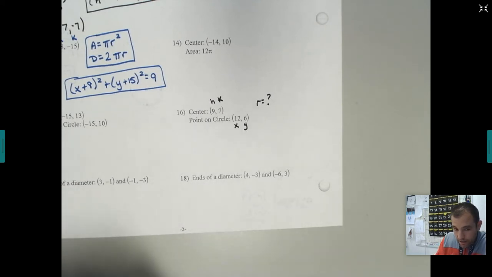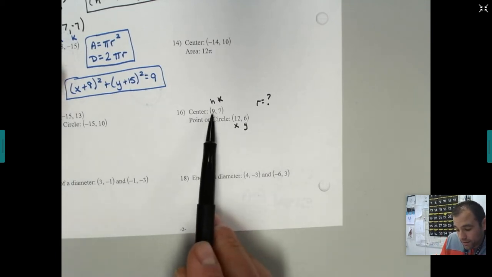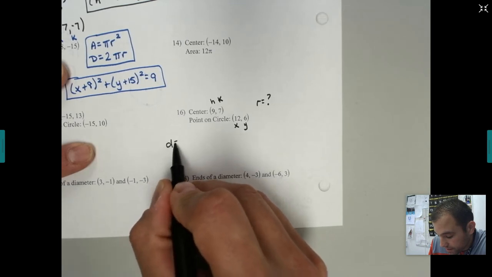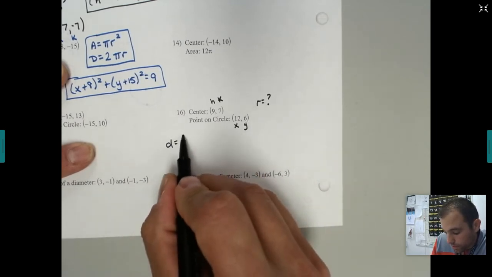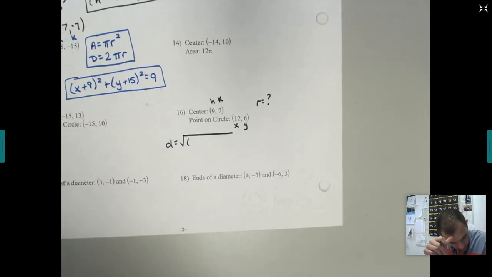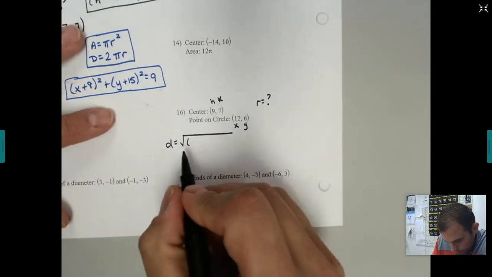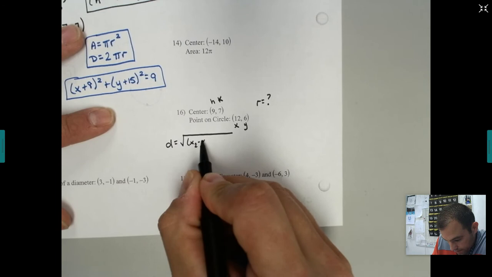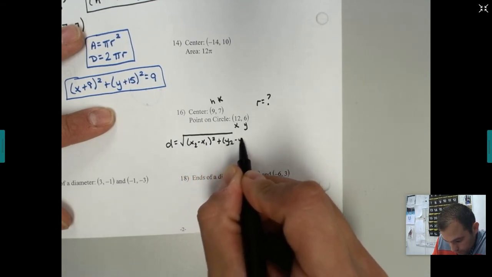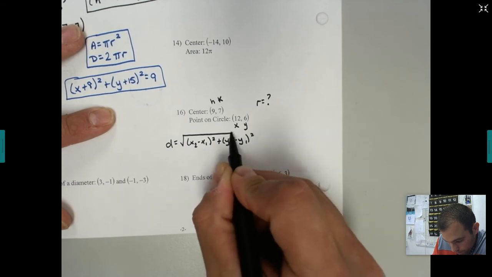I need to figure out how far it is from the center to that other point, okay? So to do this, we're gonna have to go back to what you did a couple of sections ago. We have to find the distance from here to here, okay? So I need to use the distance formula to figure out what r is, okay? So if you remember what the distance formula was, x2 minus x1 squared plus y2 minus y1 squared.